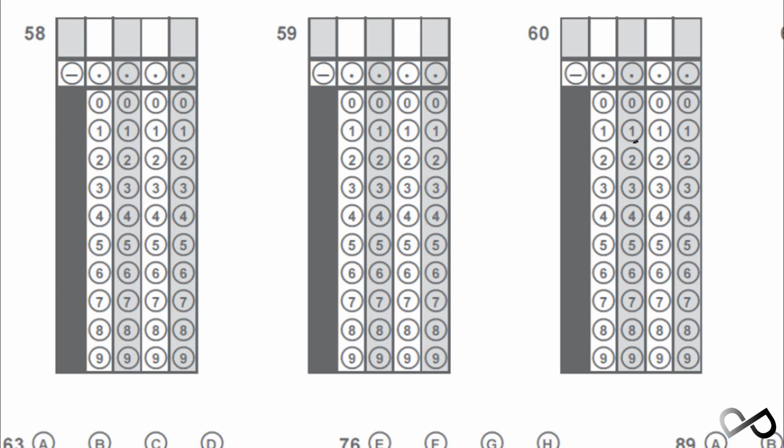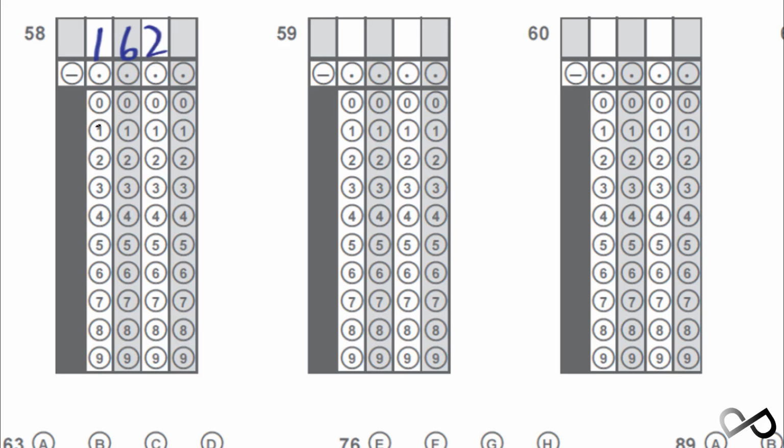Number 58, the correct answer was 162. So the proper way to grid in is, again, to start from the left. You can see that the leftmost box here is the negative symbol, and because 162 is a positive number, we're going to just skip over that, and we're going to write 162.